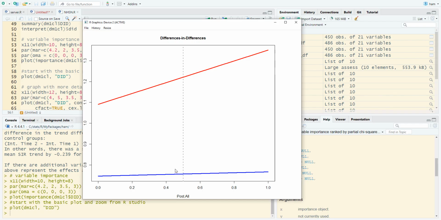And so by default, it's going to create the intervention group with the blue line and our control group with the red line.